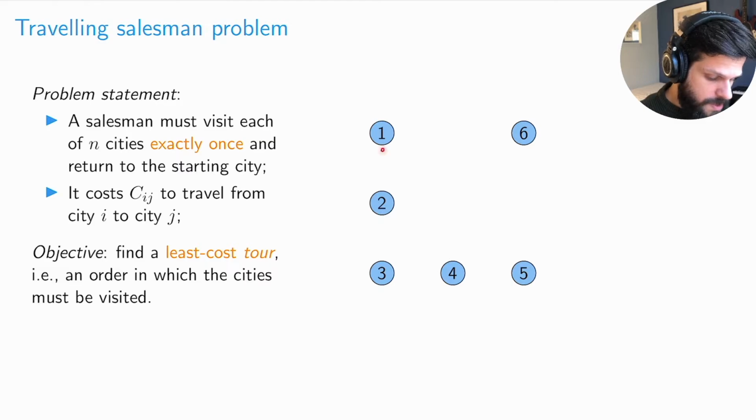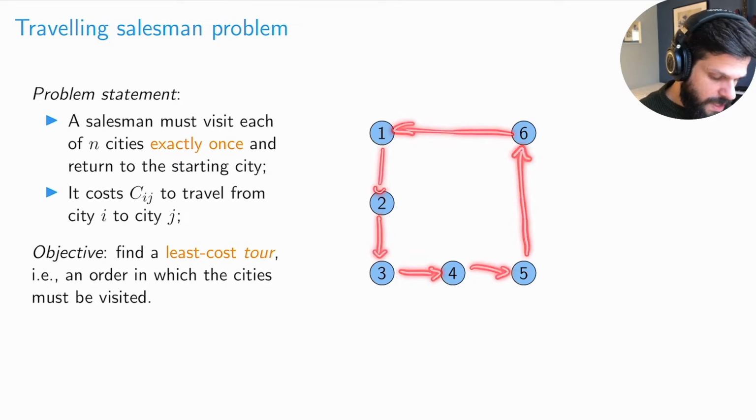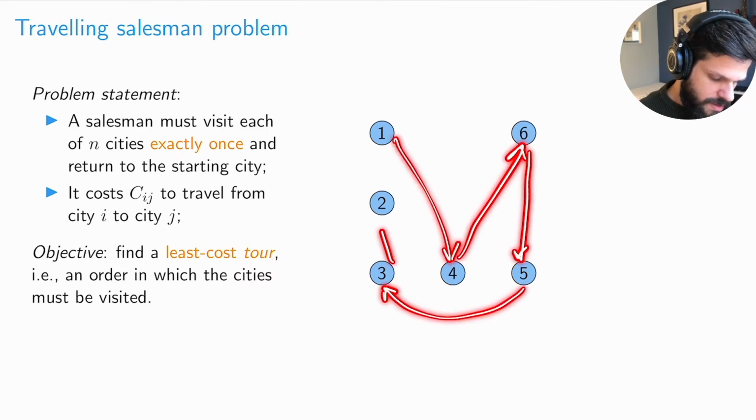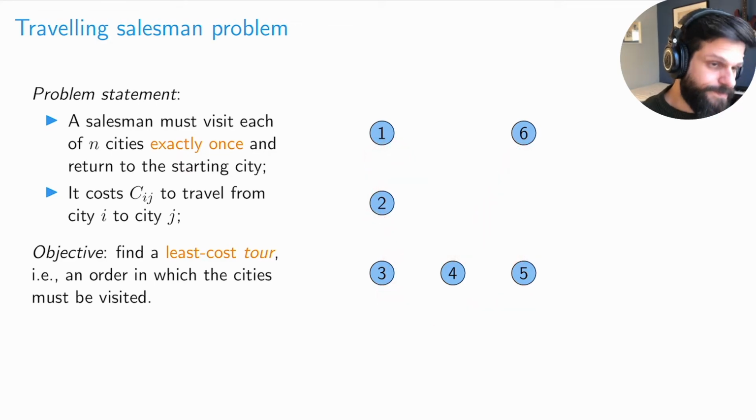So if these are representative in terms of distance, it might be that this is less of a distance than doing something that looks like this, right? So this sequence of nodes being visited is called a tour. And one characteristic of a tour is that it can be represented as a permutation. If you have n nodes, the number of tours is n factorial.